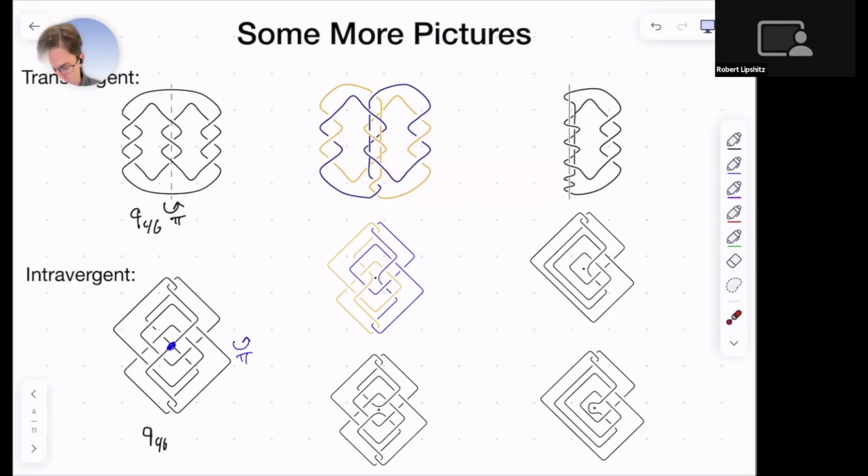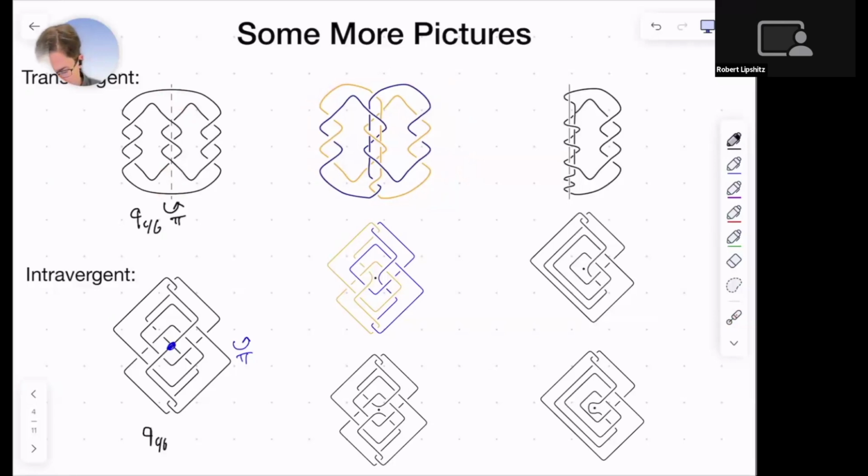What's happened in the middle picture is I've taken the knot and resolved it along the axis, so I've made it disjoint from the axis by attaching a band there. It's not important for this talk, but I chose the band so that the linking number of the two components is 0, by putting a couple of on-axis crossings there.